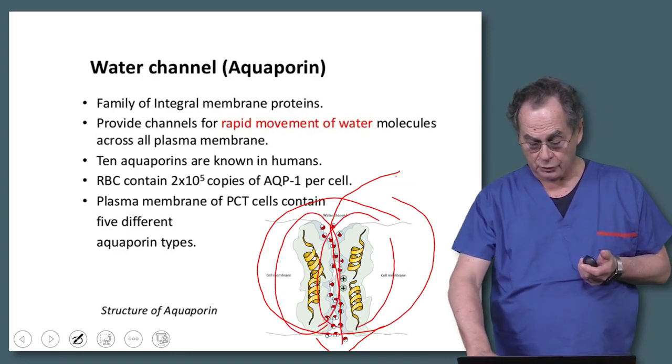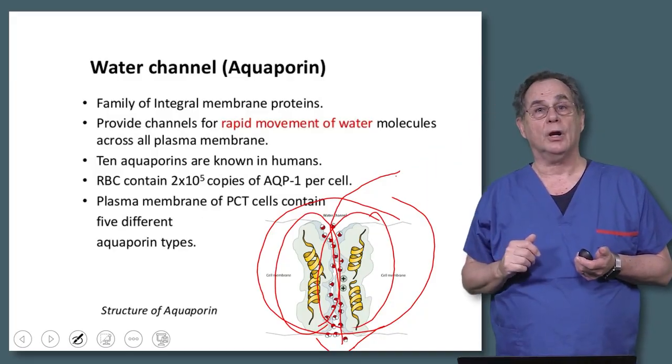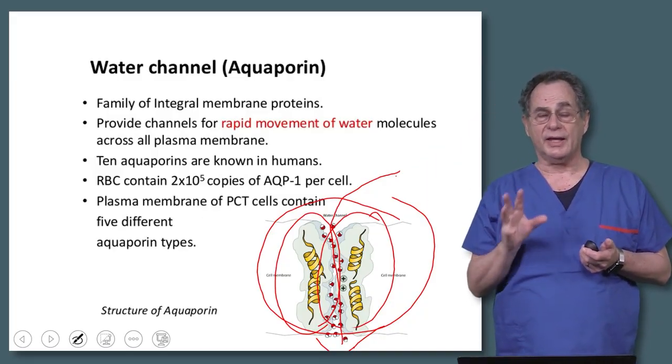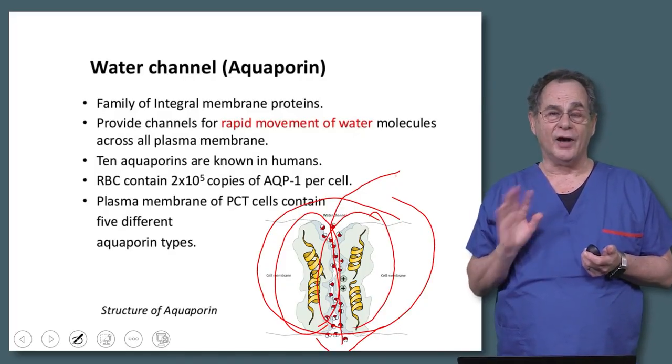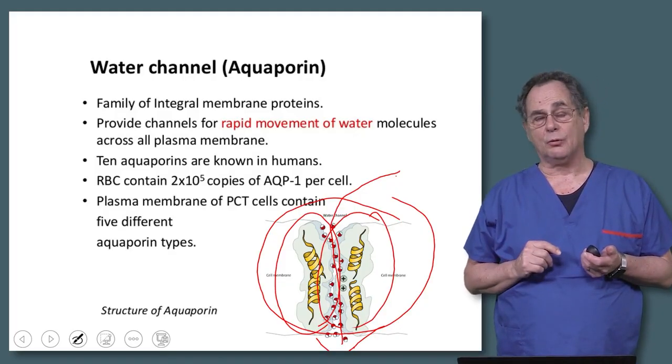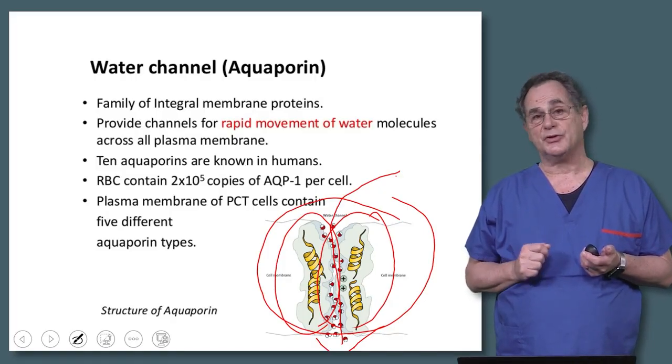The channels allow for the bidirectional movement of water. Proximal tubule cells within the kidney that we'll come to in lecture 3 actually have 5 different types of aquaporin proteins conferring permeability in the cell membrane.